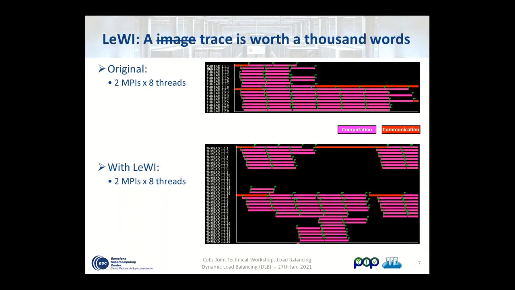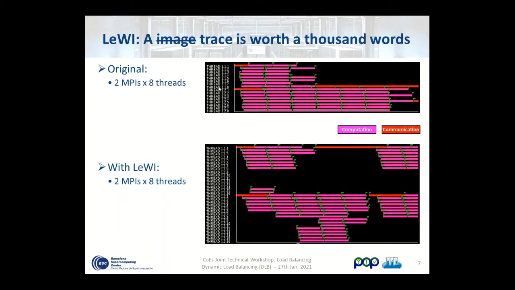In this case, I have 2 MPI processes with 8 threads each, this first process and the second process. And in the x-axis, we find the time. The color can represent different things depending on what we are showing. In this case, pink means computation, red means communication, and black means idle, doing nothing.